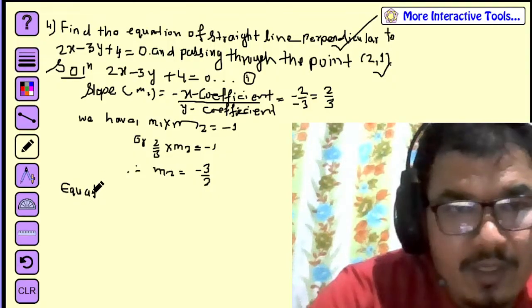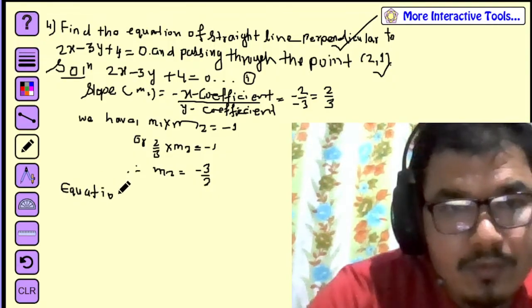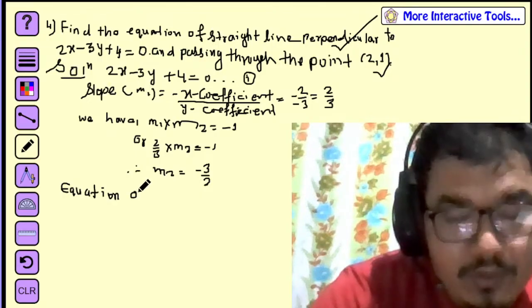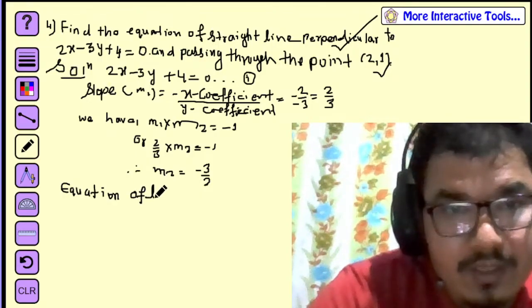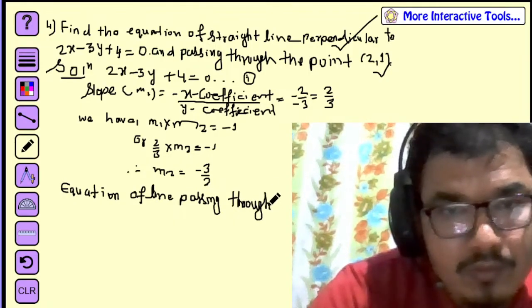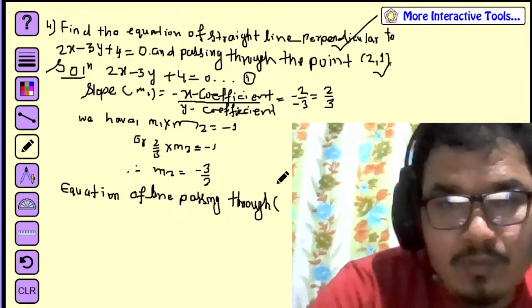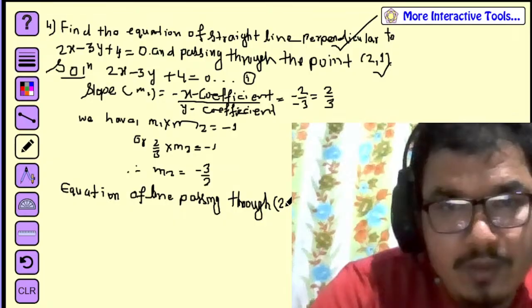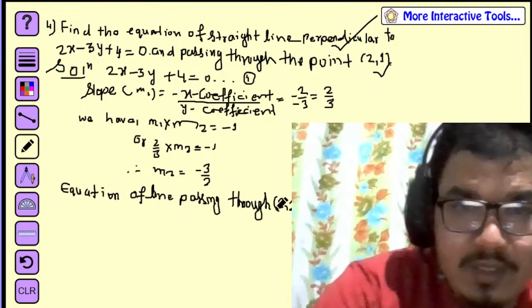The line is passing through the point 2 comma 1, and that is x1, y1.